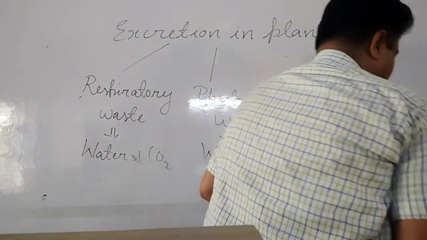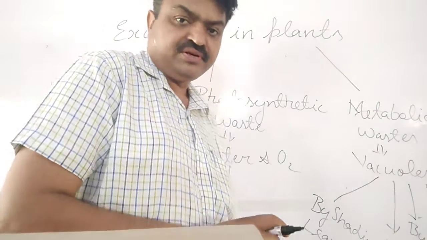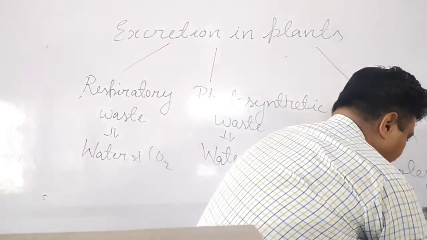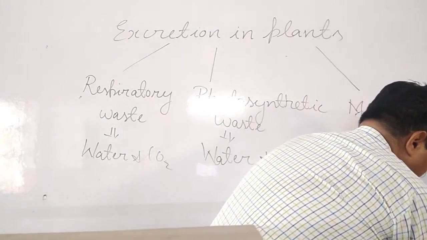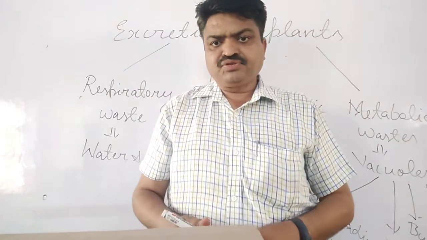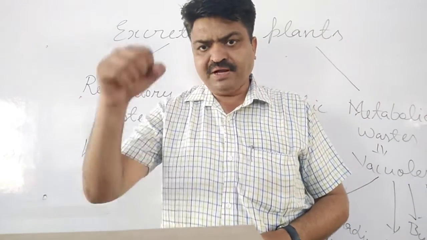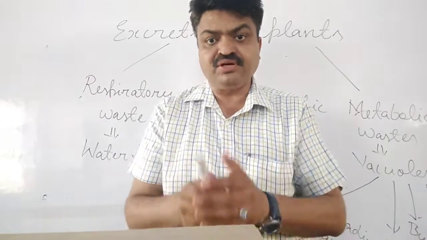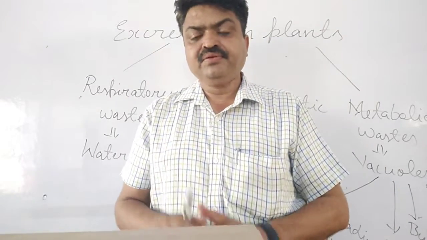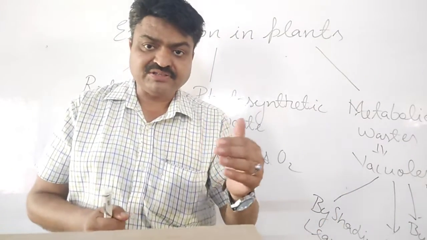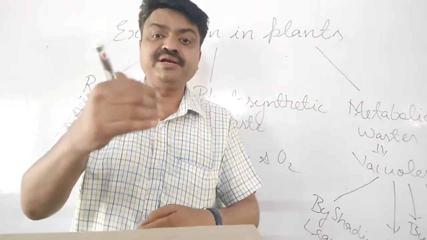Next is by roots, students. Many times, students, when you uproot a plant, you should try to observe the soil around the root. Now, what will you observe in that? You will observe the texture of the soil is completely changed.